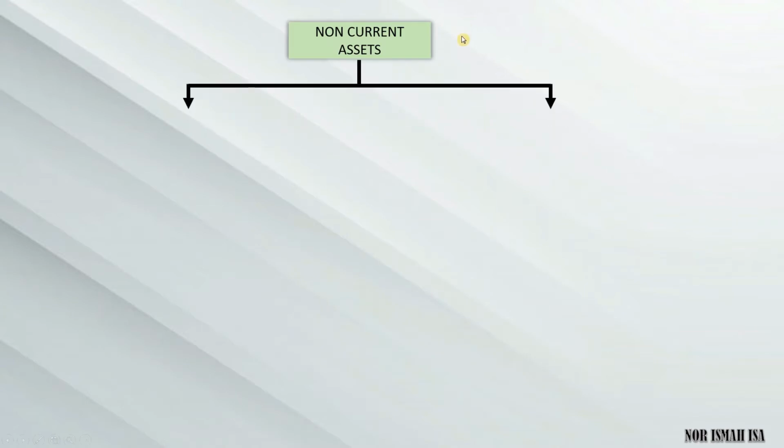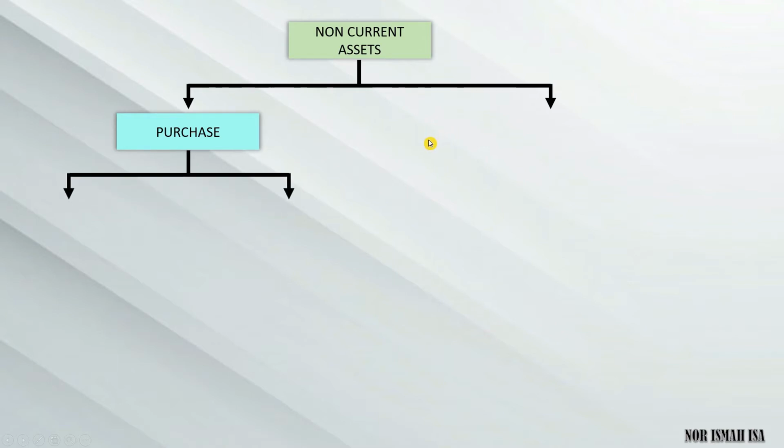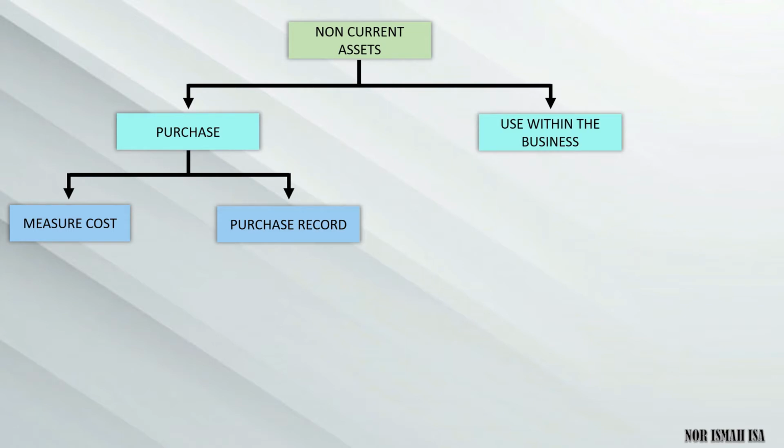So this is the part that you need to learn about non-current asset. The first one is the purchase of the non-current asset. Under the purchase of the non-current asset, you need to know the measurement of the cost of the purchases, which you need to record in the books of account of a business. And then after use of the non-current asset, we need to depreciate it.